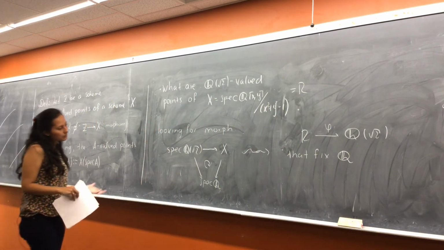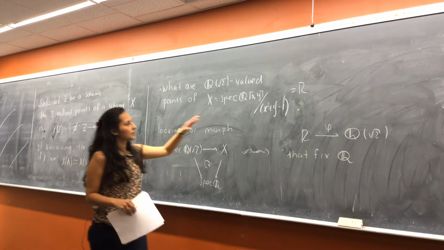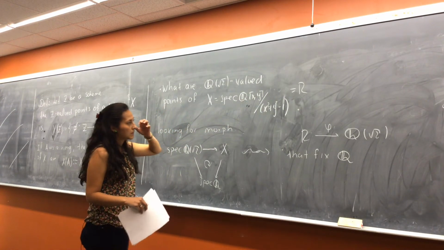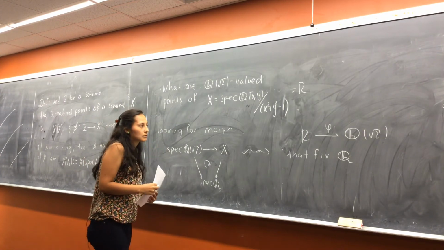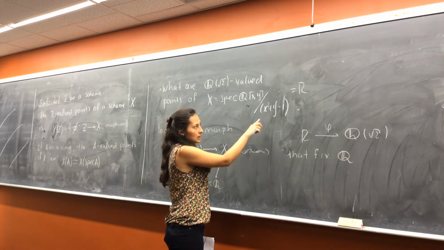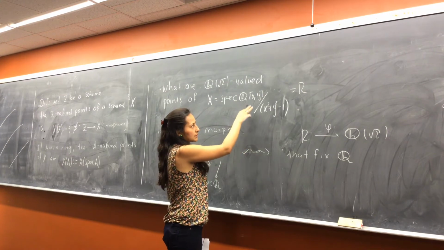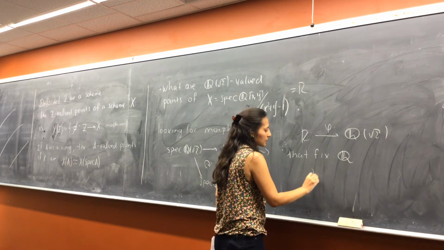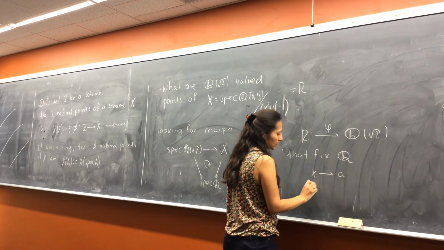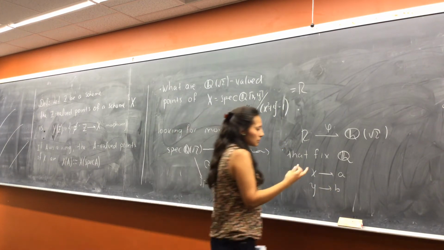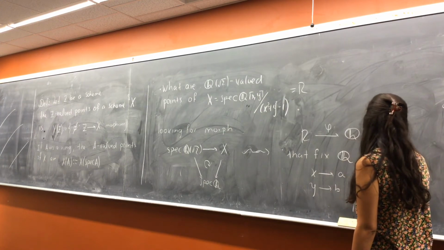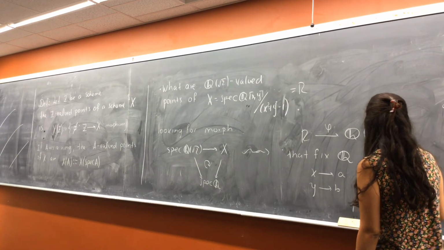So in this case, we want to describe morphisms from this ring to Q root 2, and we want to fix all the Q points, the rational points. So it would be enough to say where to send x and where to send y. We send x to some value a, y to some value b, and then to make it a morphism, we need that a squared plus b squared should be 1.